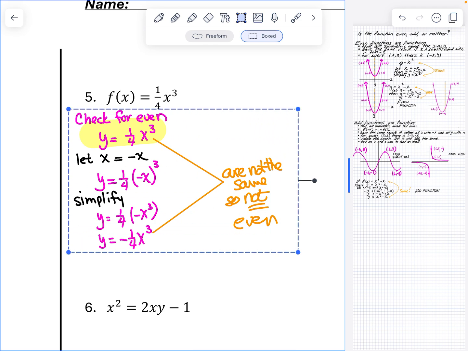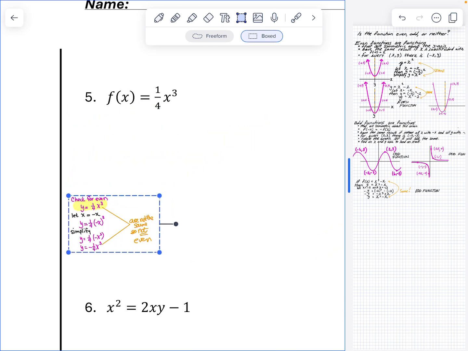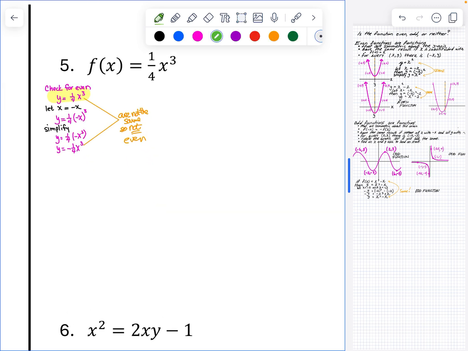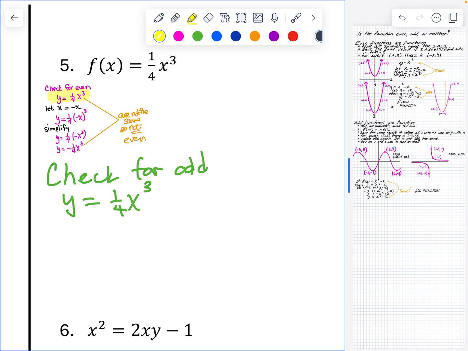Now we're going to do the check for odd. If I'm going to do the check for odd, first of all, I'm going to write y equals 1/4 x to the third. And what I'm looking for is to get this back again, okay?